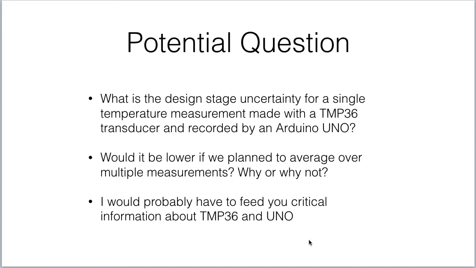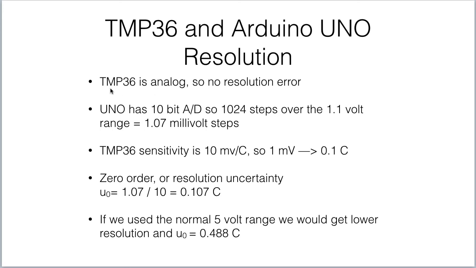And if I wanted to ask that kind of question, I'd probably have to feed you some critical information about what's going on with TMP36s and Unos. So the TMP36 is analog, so it doesn't have a resolution error. The Uno is a 10-bit analog to digital, so it's got 1,024 steps over the 1.1 volt range.